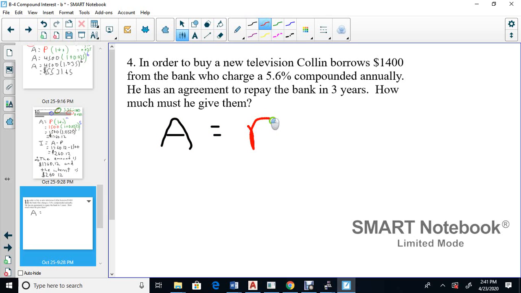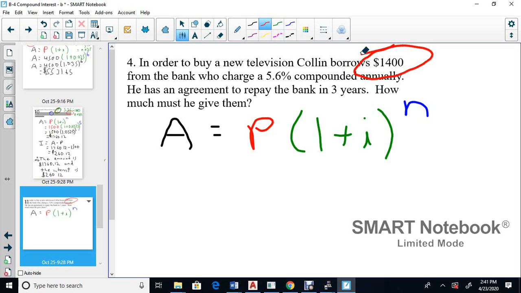So P, okay, 1 plus I to the n, and I'm just color coding so you can see where I get the different letters. P, let's find out how much he borrowed at the start. He borrowed 1,400. So that goes here, 1,400 goes right here, the amount he borrowed. The interest, 5.6%.